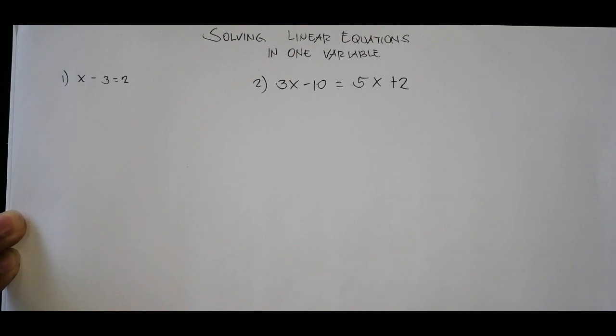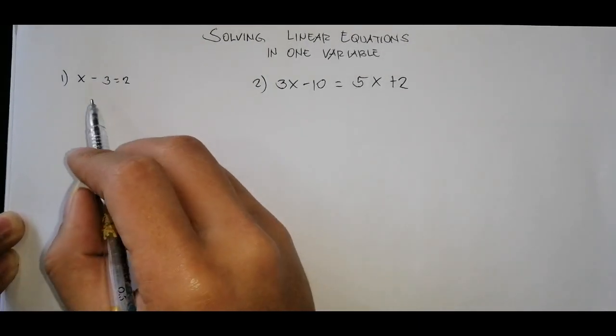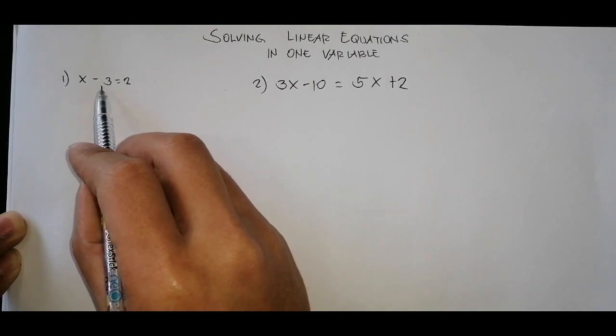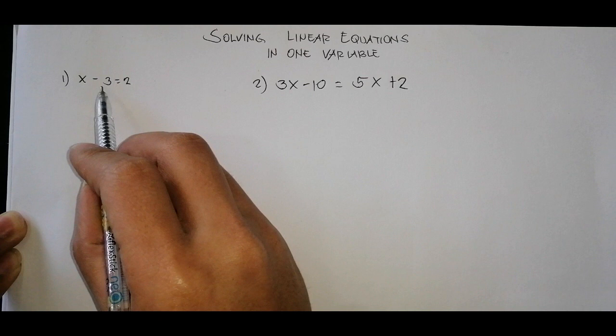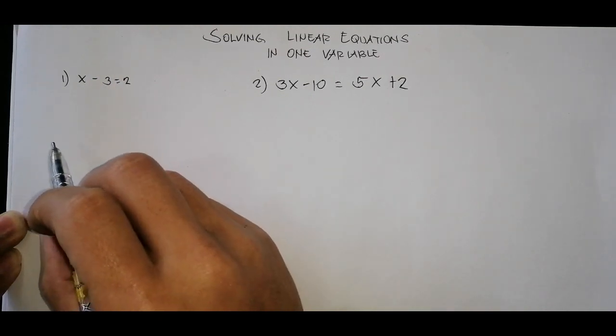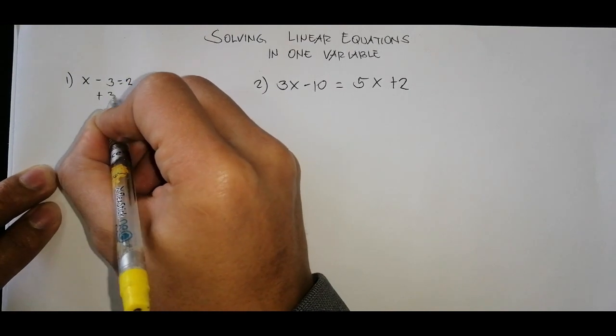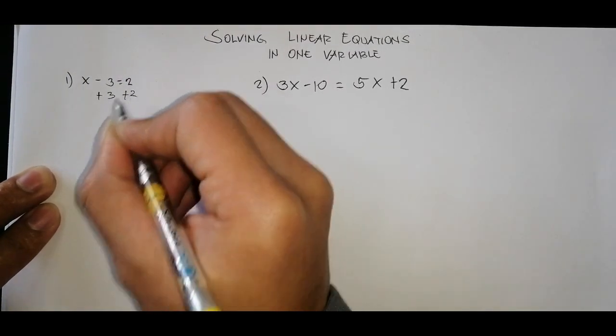First, we have to isolate the variable, and for us to isolate that one, we're going to look for a way to get rid of this minus 3. So in that case, we're going to add 3 on both sides.